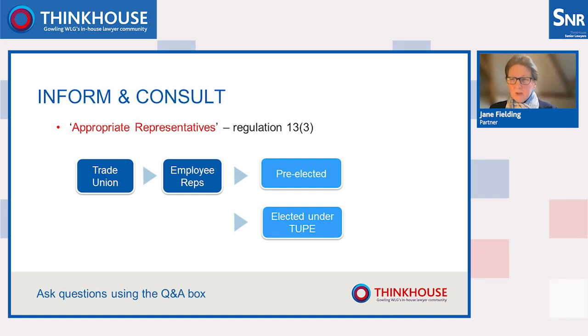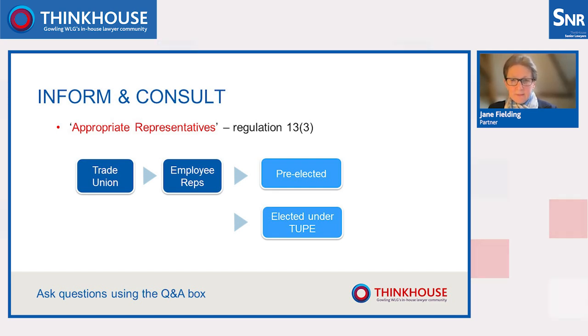So looking at who are appropriate representatives, well, if you've got a trade union that's recognised in respect of the whole workforce, the whole affected employees, then they are the appropriate representative and you have to consult with them. If you don't have a union at all, or you do have one, but the recognition doesn't cover all of the people who are affected, then you, as the employer, have to look at putting different employee representatives in place as the appropriate representative.